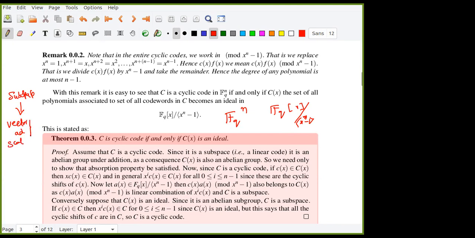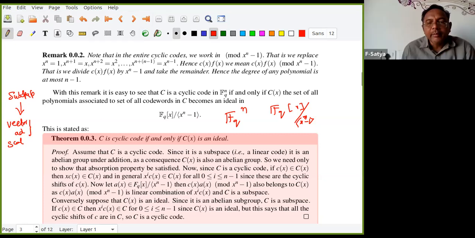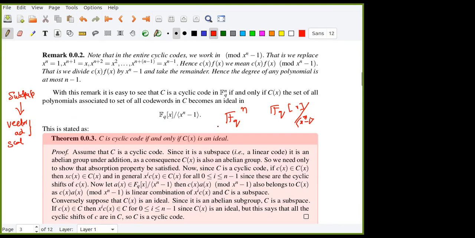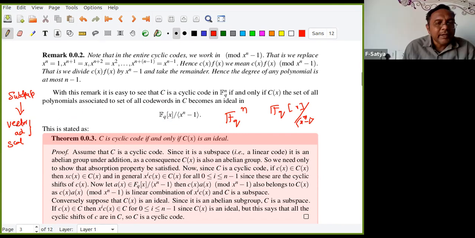These two will be there. But an ideal is related to some ring. It is a ring, right? Now, will addition be there in an ideal? Yes. So the vector addition is there in an ideal also. Can you have a scalar multiplication?